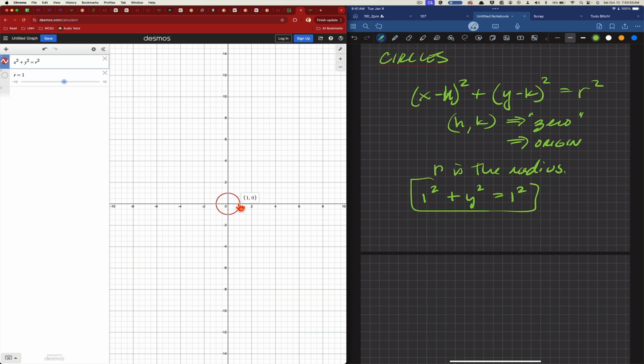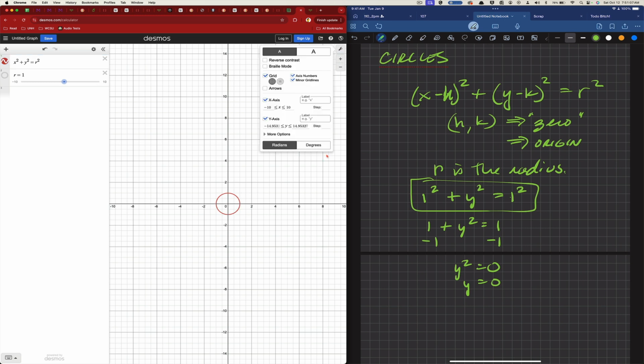This is the equation I have in Desmos right now. So this would be 1 plus y squared equals 1. Subtract 1, and I get y squared equals 0. So y must equal 0 when x is equal to 1. That's this point right here that I have highlighted with the little finger.